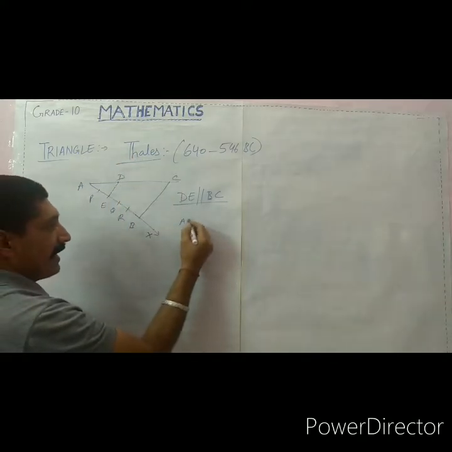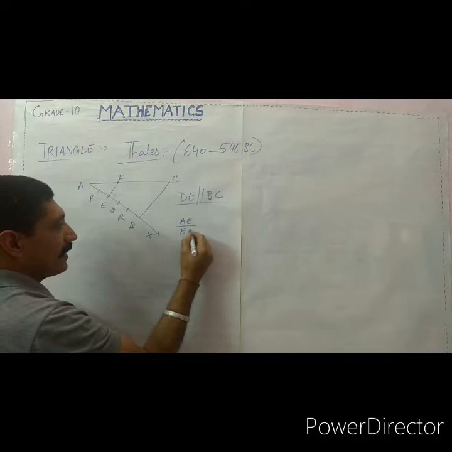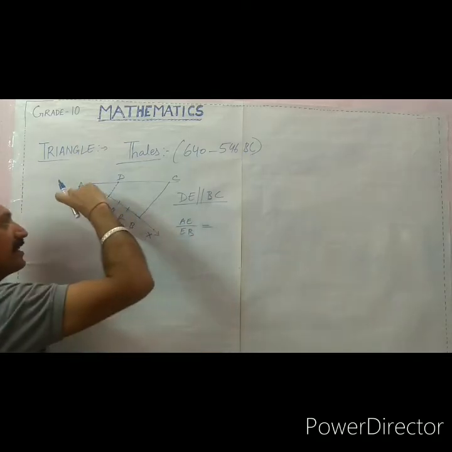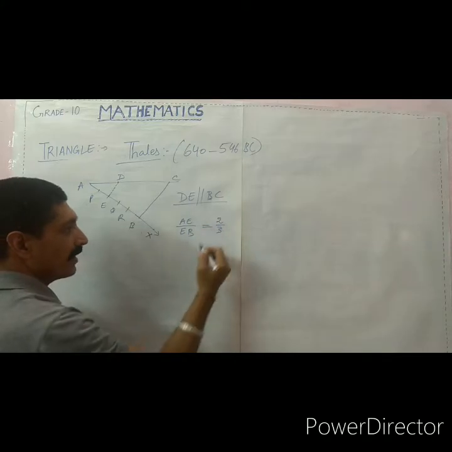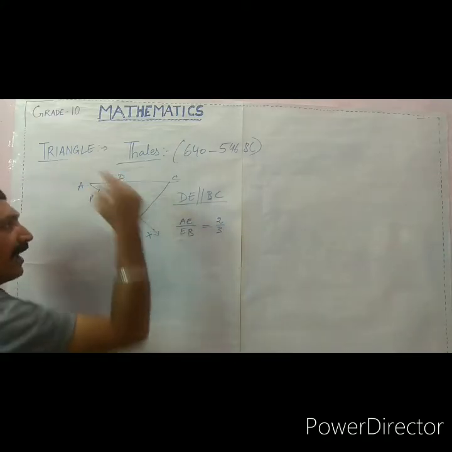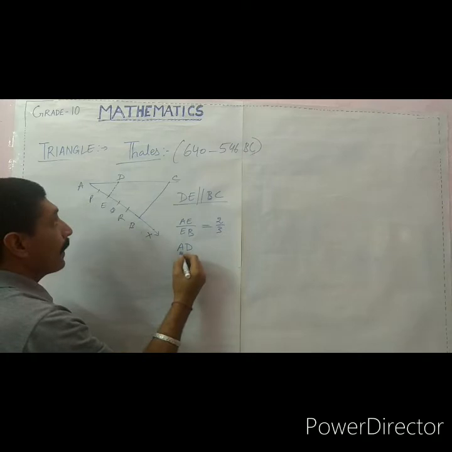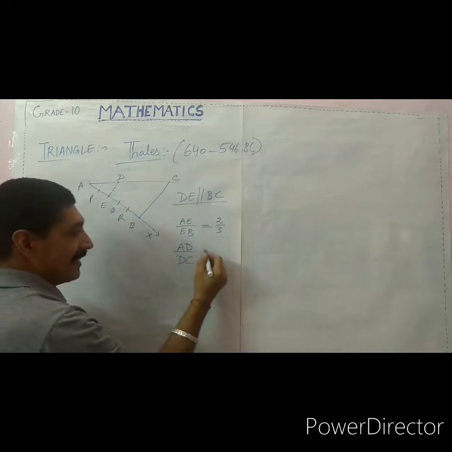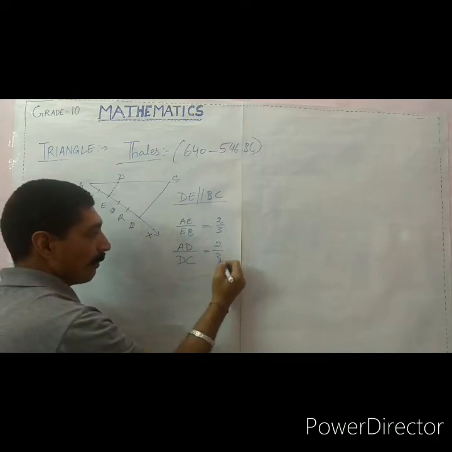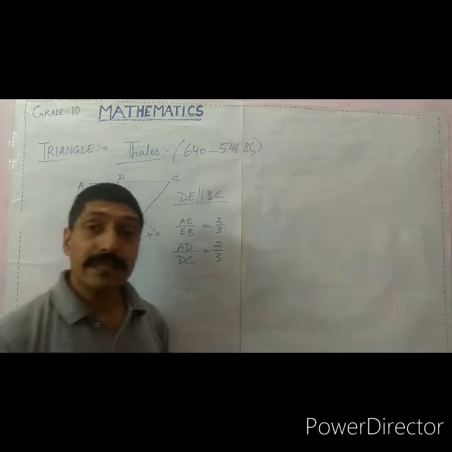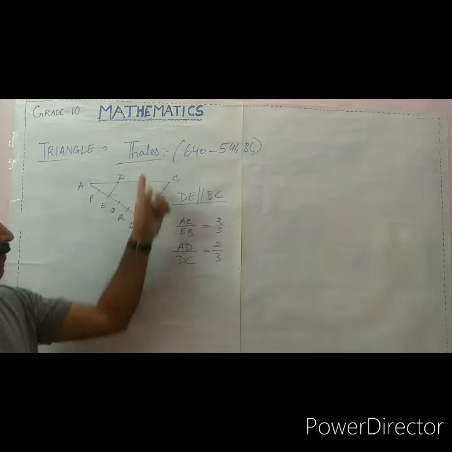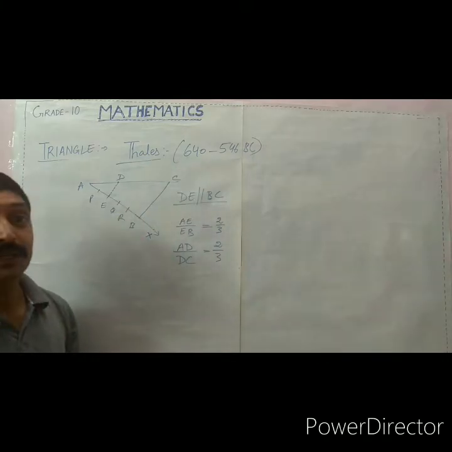We have AE upon EB. AE is 2 units and EB is 3 units, 2:3. So by construction we have AD upon DC is also 2/3. So Thales gave a very important property.